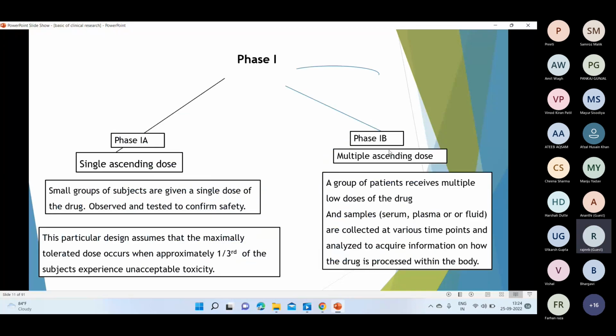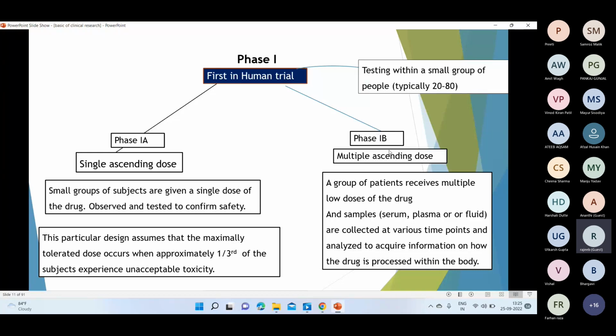Now, what do we do in phase 1? First of all, phase 1 is a first in human trial. Okay, because before phase 1, we were testing the drug in animal models. So, phase 1 is a first in human trial. Now, how many people are involved in a phase 1 clinical trial? Around 20 to 80 people are involved.